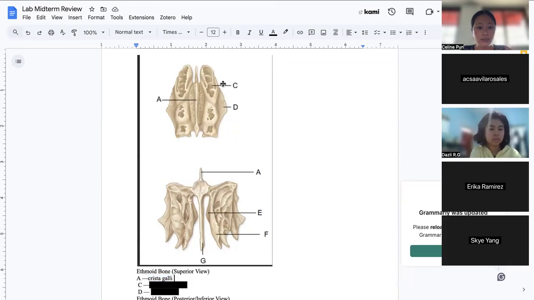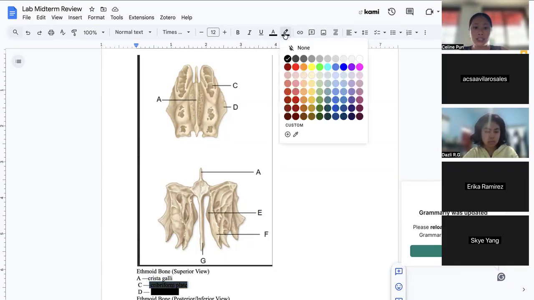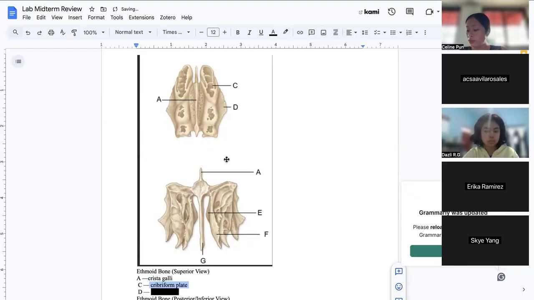Okay, what is C? What are these little holes in here called? This is the cribriform plate, and the olfactory senses is what goes through these holes.